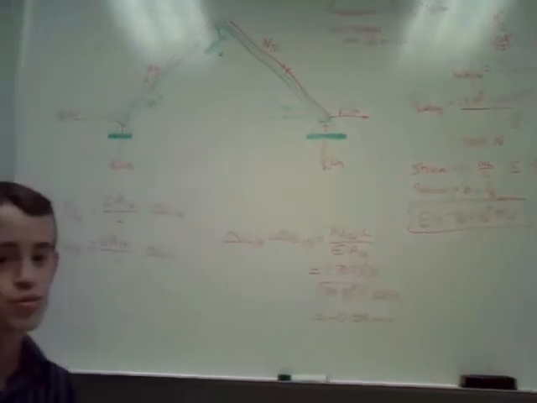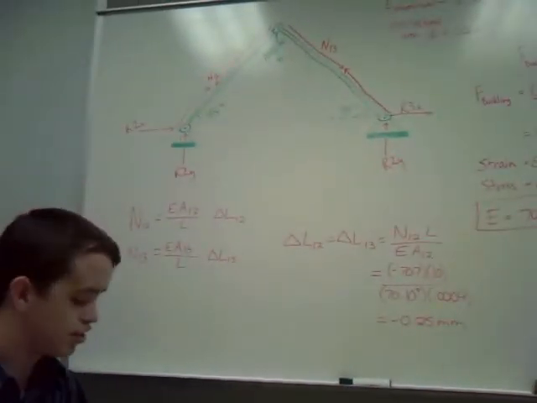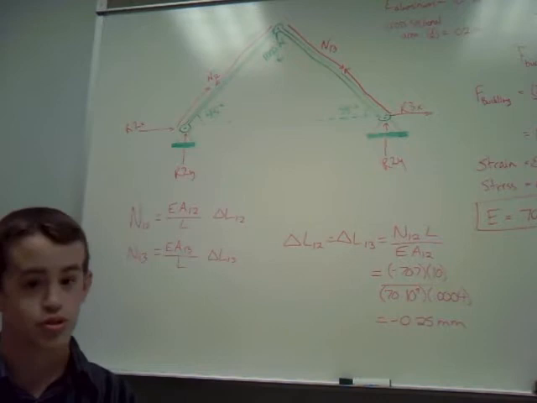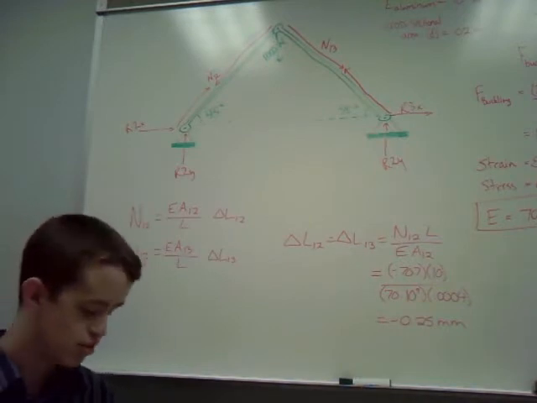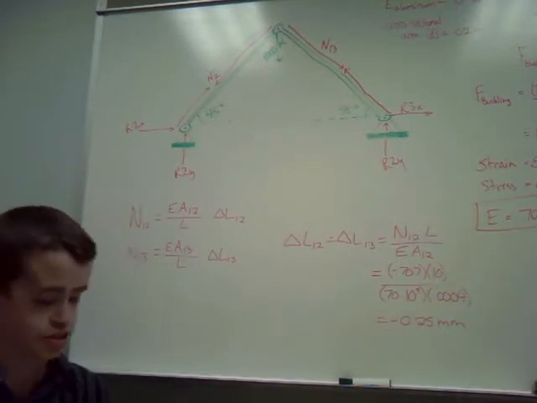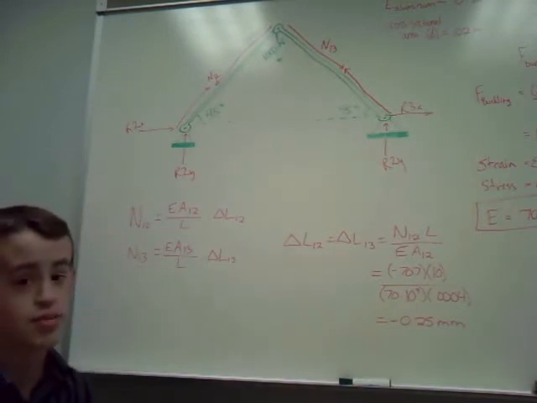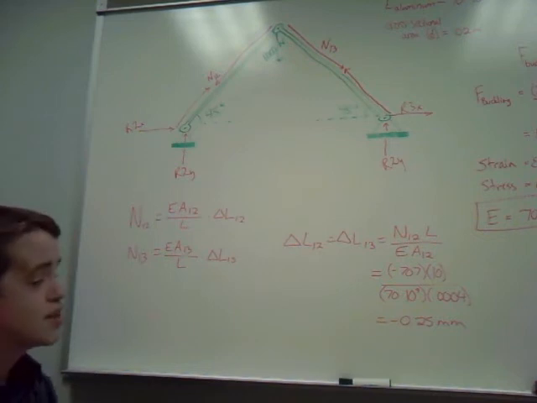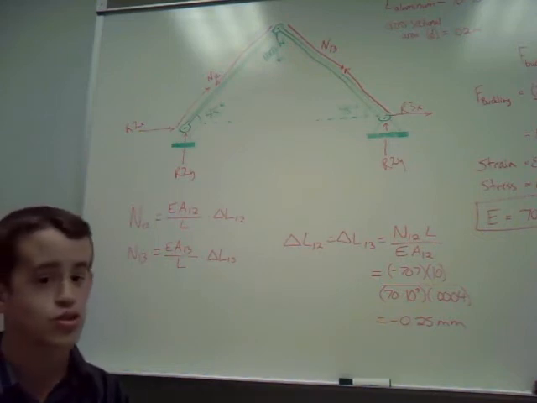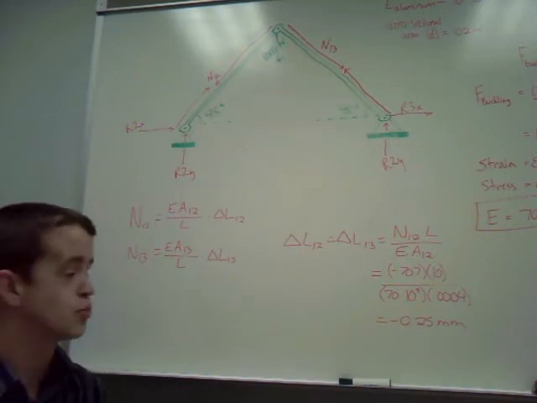Okay, so now we're going to solve for the internal forces within the bar based on the Hooke's law relationships. Because each bar is the same length and has the same angle, each of the forces in them are going to be equal.